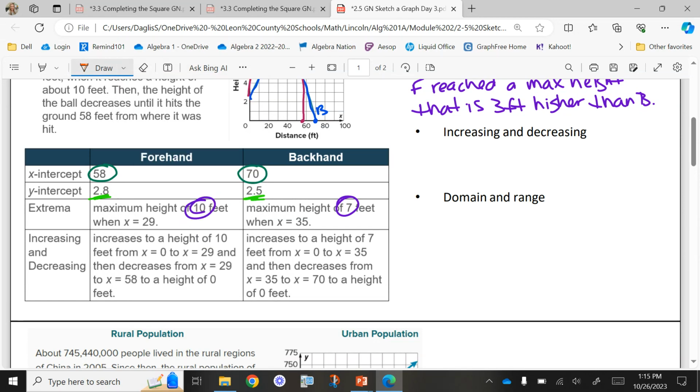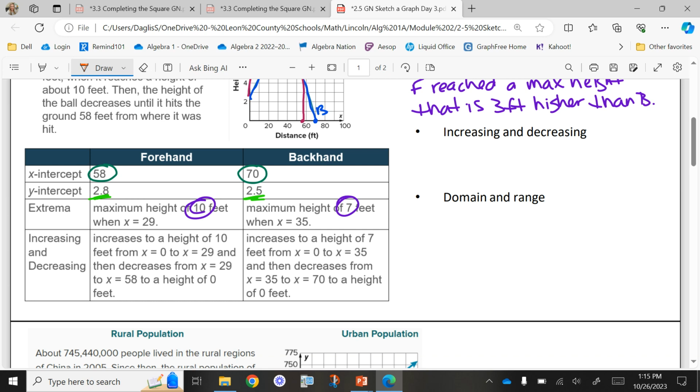So forehand increases to a height of 10 from 0 to 29, and then decreases from 29 to 58. And then backhand was increasing, got to a height of 7 from 0 to 35, and then decreased from 35 to 70. So we could say that the backhand increased for a longer amount of time.